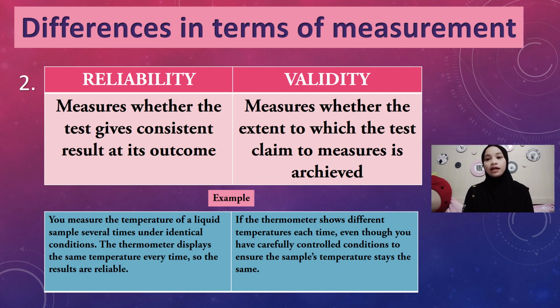If research has high validity, that means it produces results that correspond to real properties, characteristics, and variations in the physical or social world. For example, if the thermometer shows a different temperature each time, even though you have carefully controlled conditions to ensure the sample temperature stays the same.